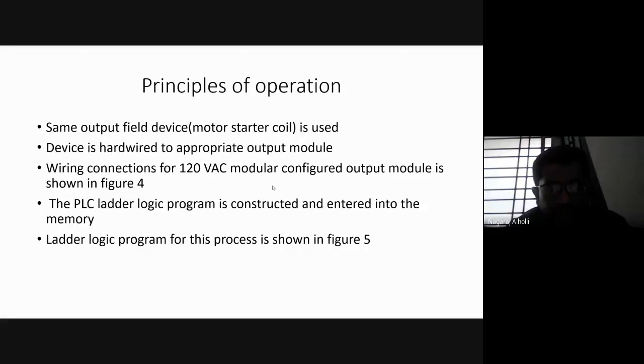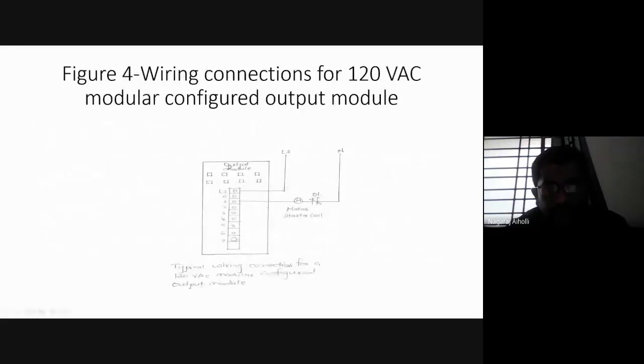We can see in this figure here. This is the output module. As we understood, in the input module we are connecting 8 inputs. Similarly, here in the output module, we are connecting 8 outputs. One output we have already connected to the line terminal, that is the line voltage.